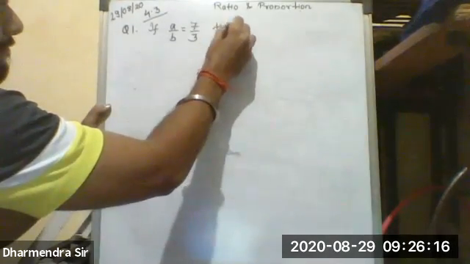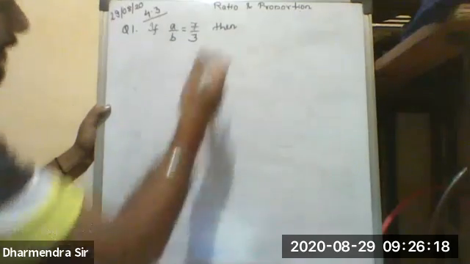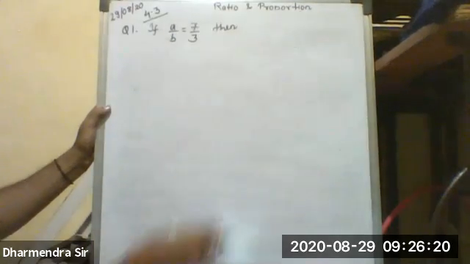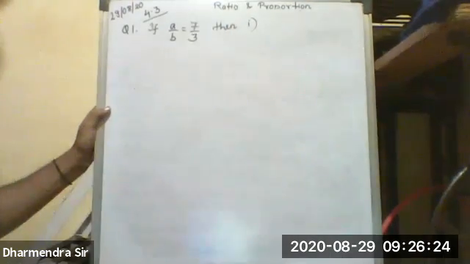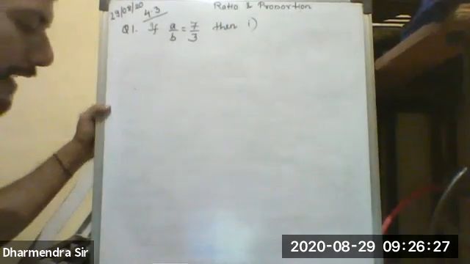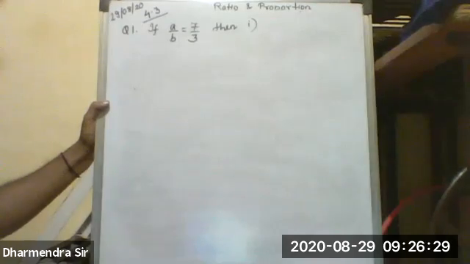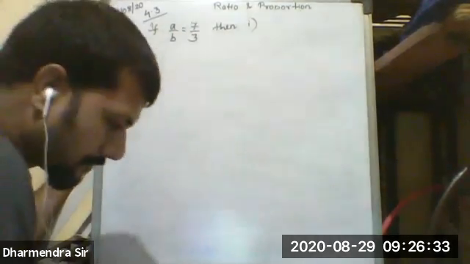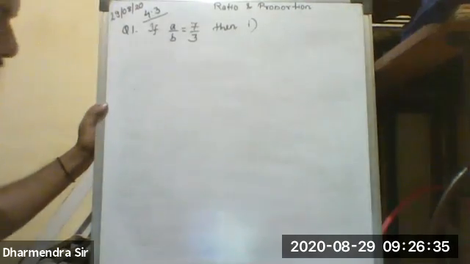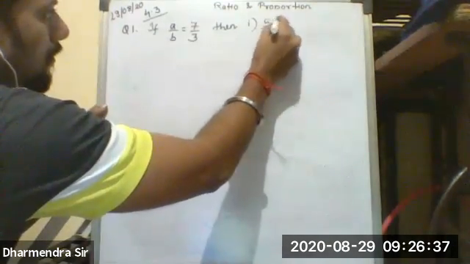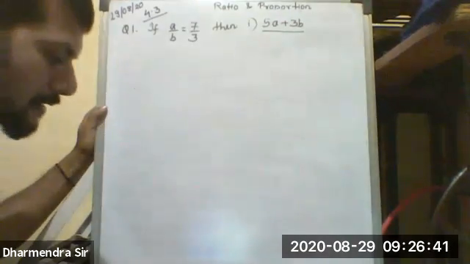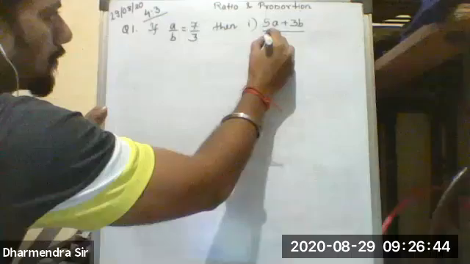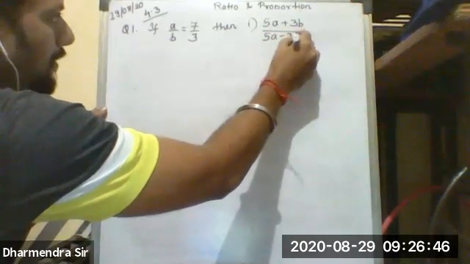I won't be writing all four because it will take lots of space. I'm writing only the first one. I'll be writing it accordingly: first, second, third, and fourth. I won't be rubbing this until we complete whole question number one. So first, 5a plus 3b upon 5a minus 3b.